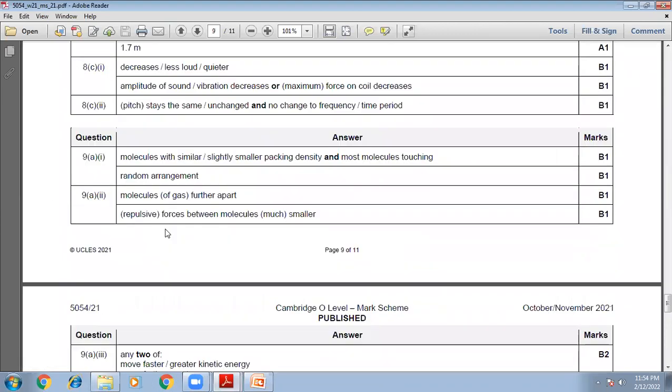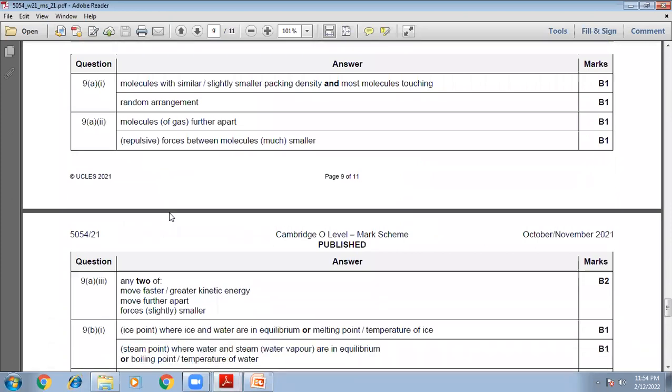So let me show you the marking scheme. So here we go. My dear students, the marking scheme of the question number 9 is showing up on your screen. So you can pause the video and take your time and read this marking scheme carefully.